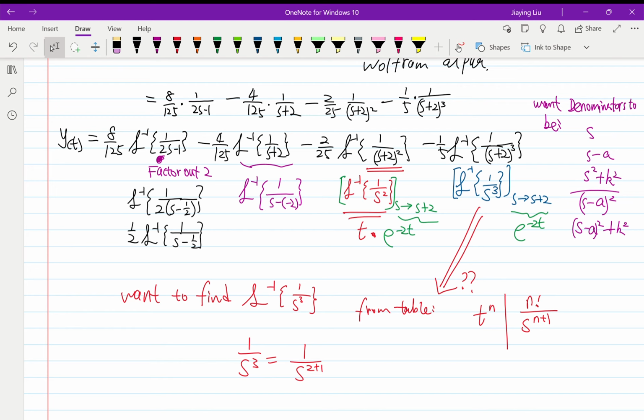So what we're going to do is take this fraction and add n factorial in the numerator, because that's what's missing. So this numerator needs n factorial. So we're going to multiply by n factorial there. If we multiply the numerator, we have to multiply the denominator. That way it's the same.